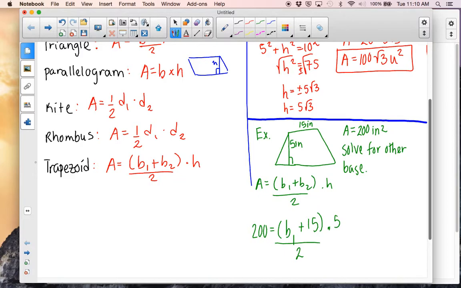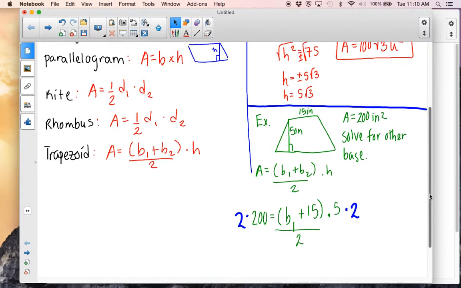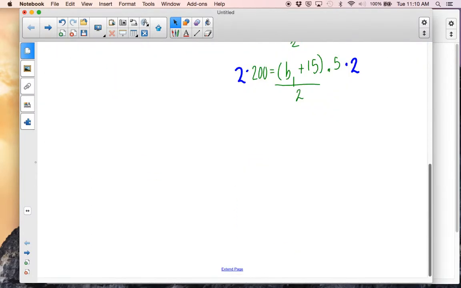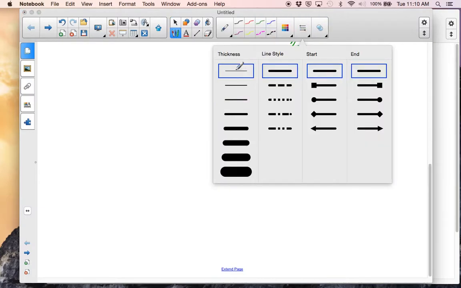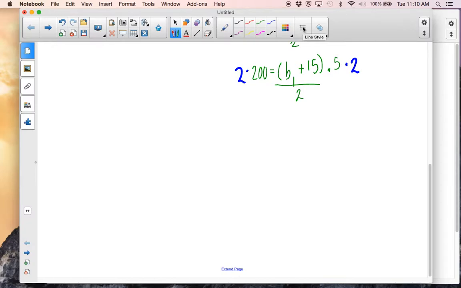Okay, so I'm going to start out by multiplying by 2 to cancel that out of the denominator because I want to isolate that B1. Okay, so now I have 400 equals, and these 2's have canceled, B1 plus 15 times 5.